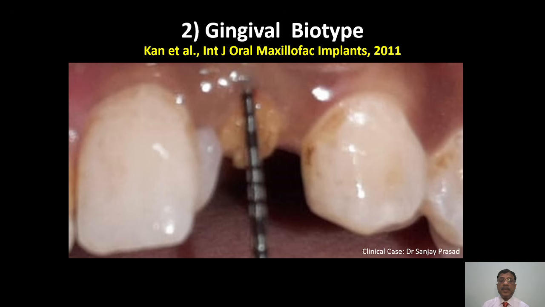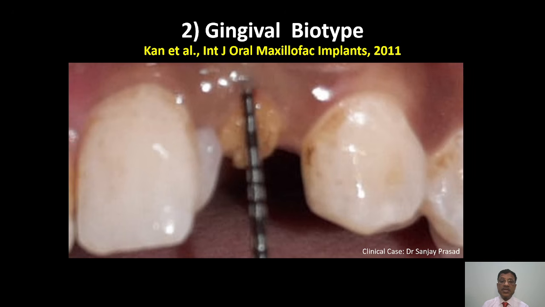The next important step is to have a correct assessment of gingival biotype. If the biotype is thin, then it is seen in the literature that there is more chance of gingival recession. Now, how do we assess whether a gingiva is thin or thick?